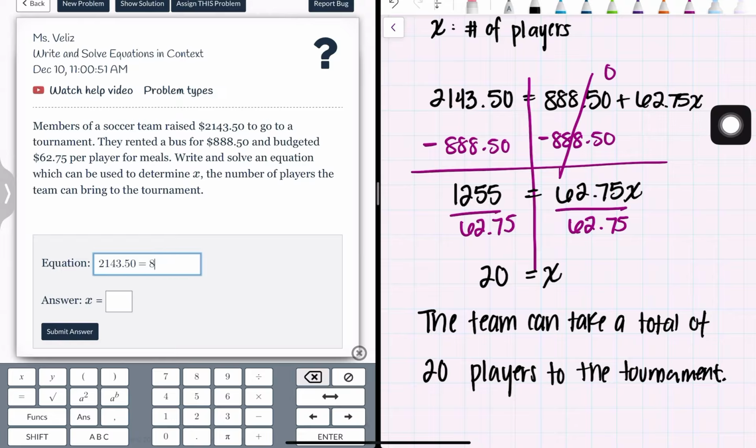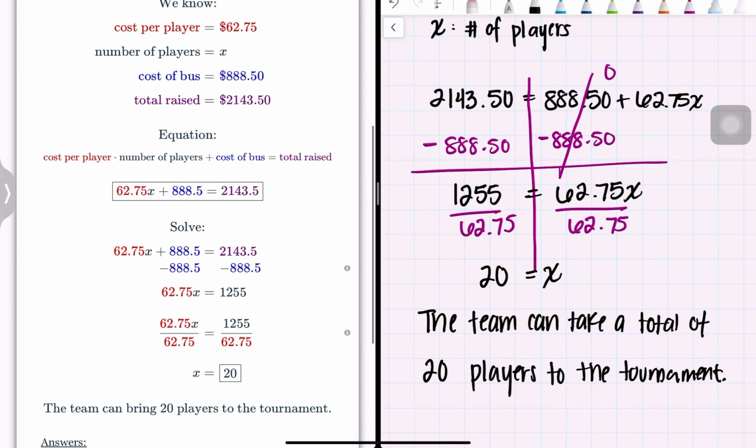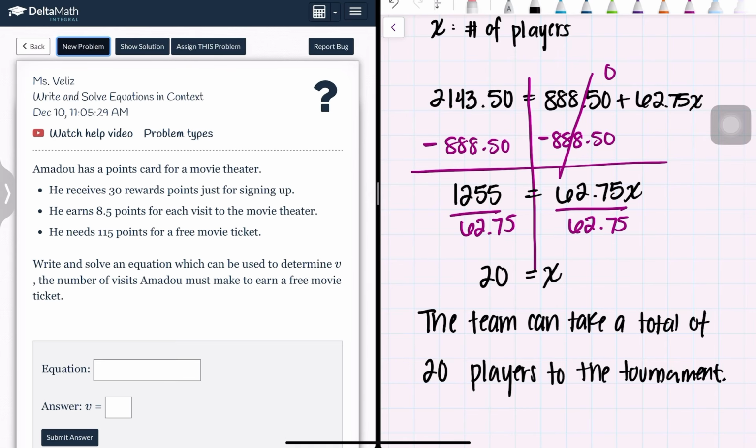So I could actually do 62.75x plus 888.50 and still get the same answer. All right. Let's take a look at another one, guys.